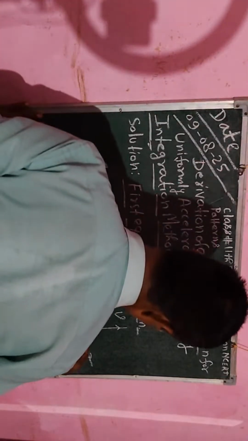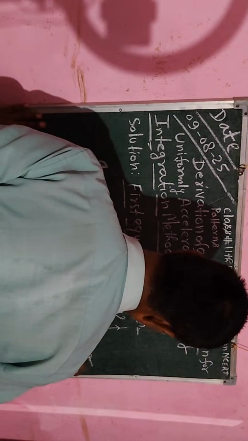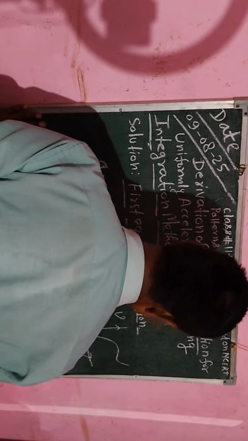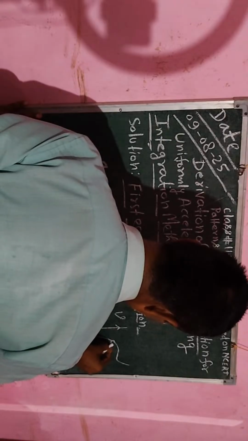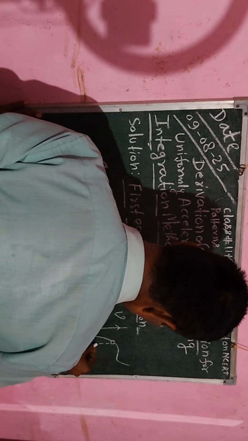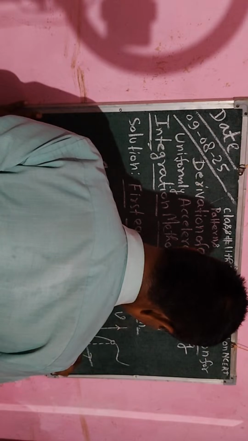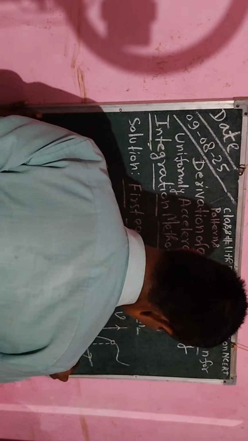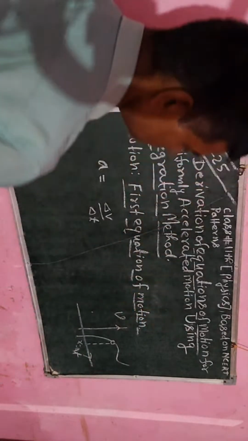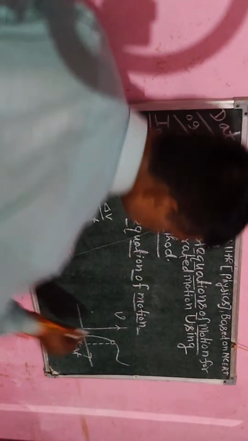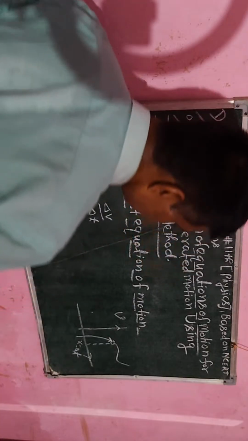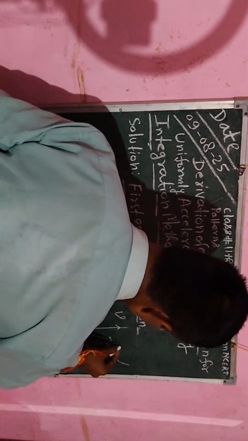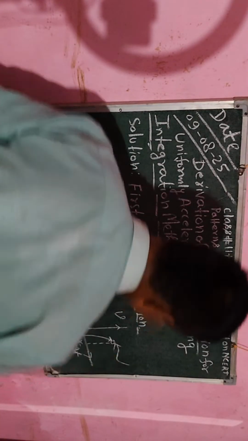If any curve is going like this, at any point I will consider x equal to 0. At x equal to 0, I will consider the left hand limit and also find the right hand limit.